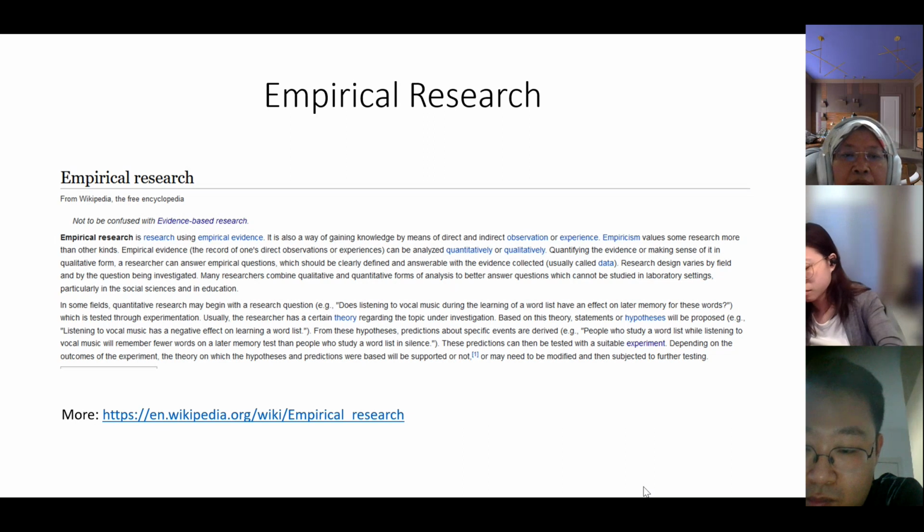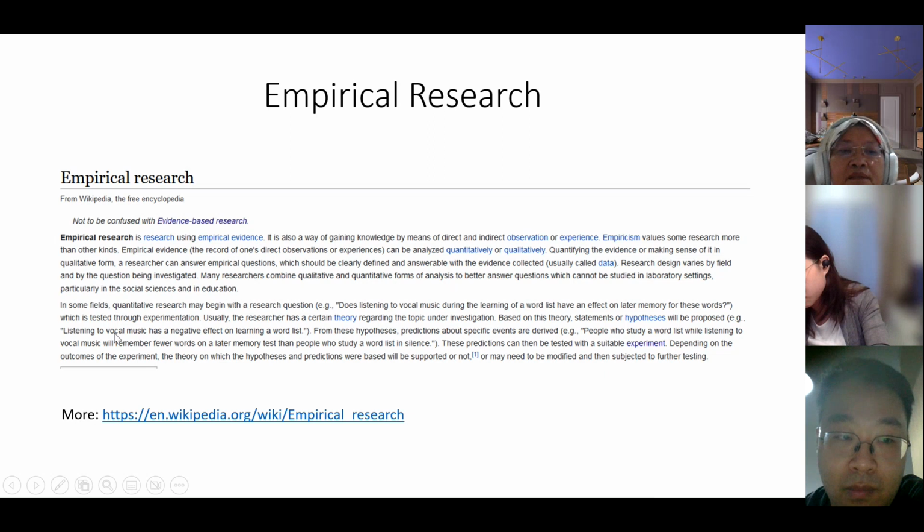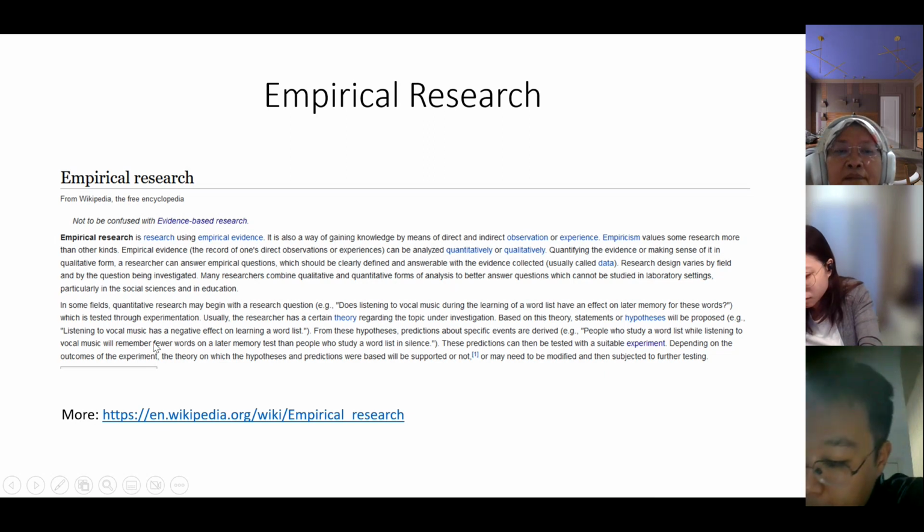So you have the experimental group whereby the subjects are doing two things at one time, listening to vocal music and learning a word list, versus a control group, which only studies the word list in silence, no music. So you can see the difference in the environment. So these predictions can then be tested with a suitable experiment.